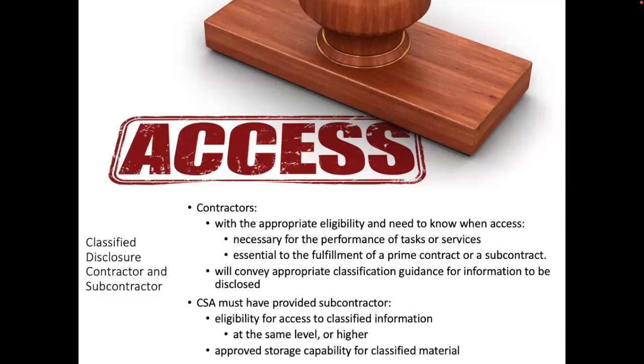Now the CSA, or DCSA in our case, will have to ensure that the subcontractor has that eligible access at the same or higher level, and they have that storage capability. So that is determined through the DCSA. So always make sure you understand that in this contract subcontract relationship. Know those left and right limits.